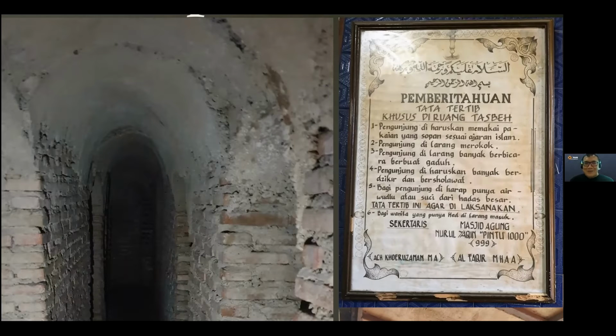That's the main point of it. And then, as if an afterthought, number 6, bagi wanita yang punya haid dilarang masuk. This is again something very Islamic. Actually, Hindu temples do the same thing, I understand. Women who are menstruating are not allowed inside the mosque, which means they also do not need to pray.